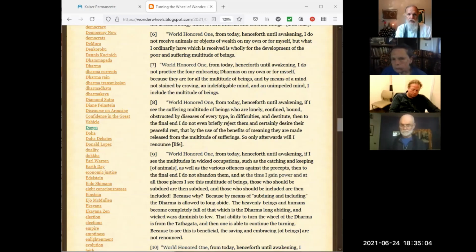and calls that mano vijnana. Mano is the combined form of the word manas, M-A-N-A-S. And so we have manas and mano, and I translate that as mental, or mentation, or it could also be cognition.